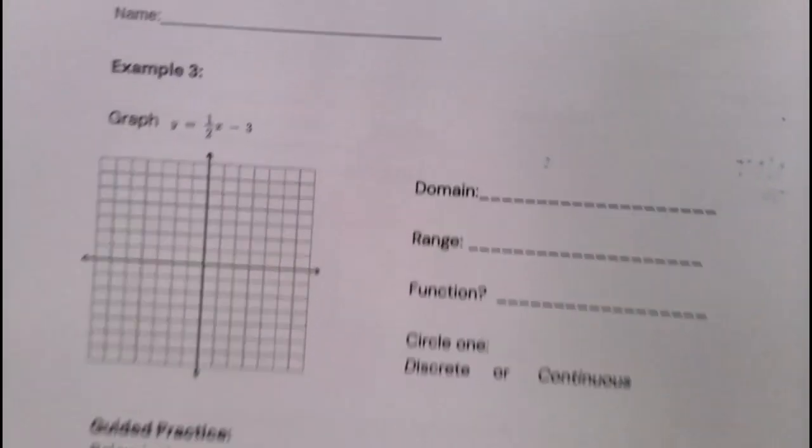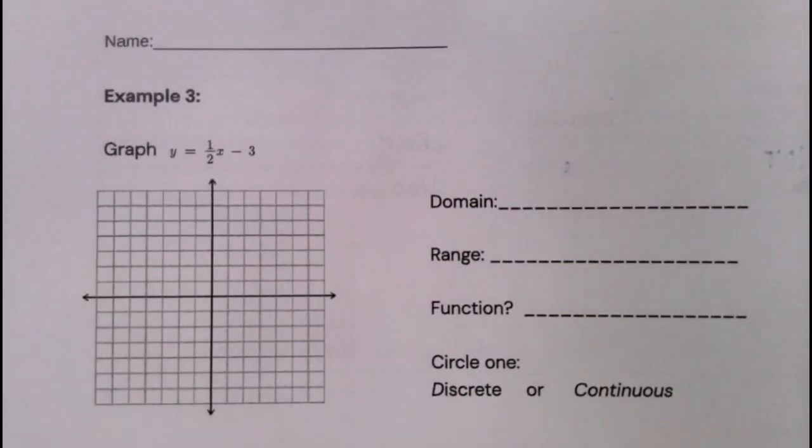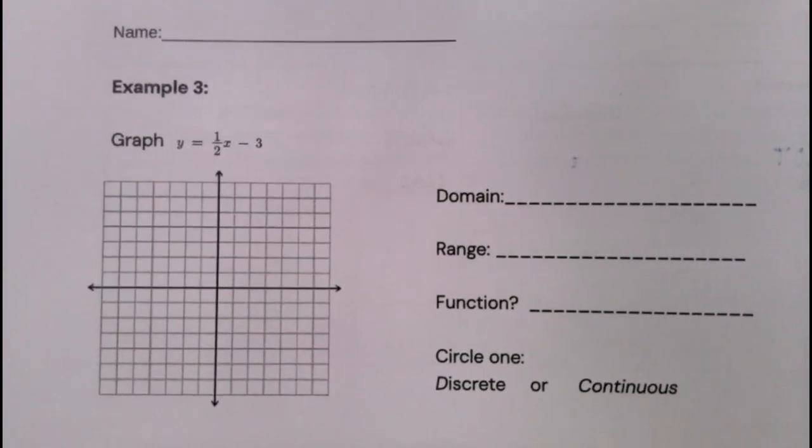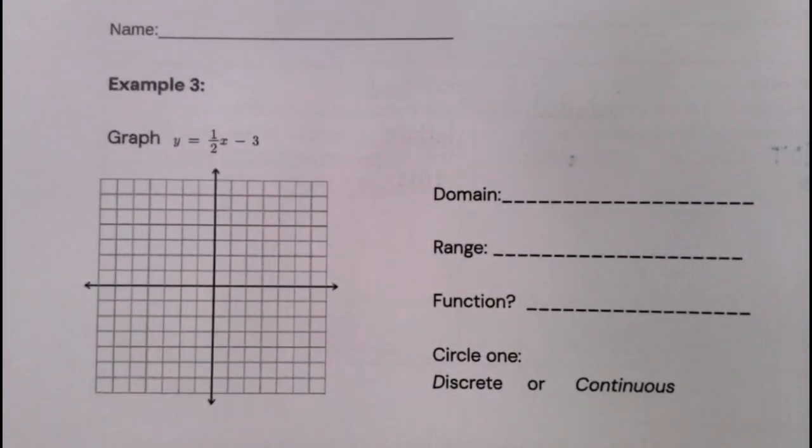All right. On your pre-test, you had to graph a line. Now, I just kind of glanced when I picked them up. Most of you graphed the line just fine. Now we're going to look at graphing that line and then what does it mean for domain and range and all of that.